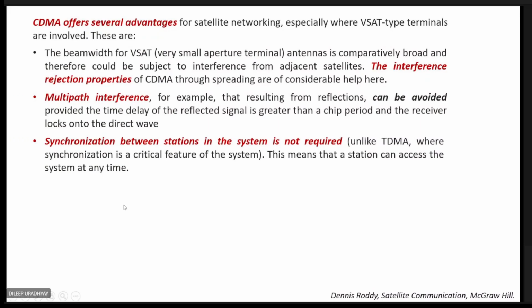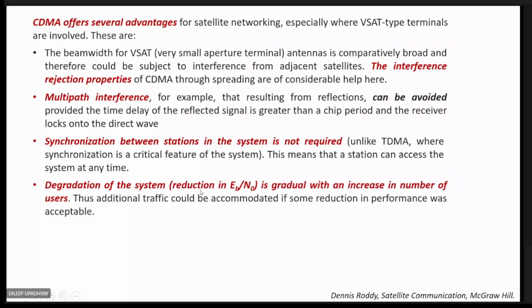The degradation of the signal to noise ratio in CDMA is gradual with an increase in the number of users. Suppose there are k users, and as population increases, after one or two years some more users can be added to the system.